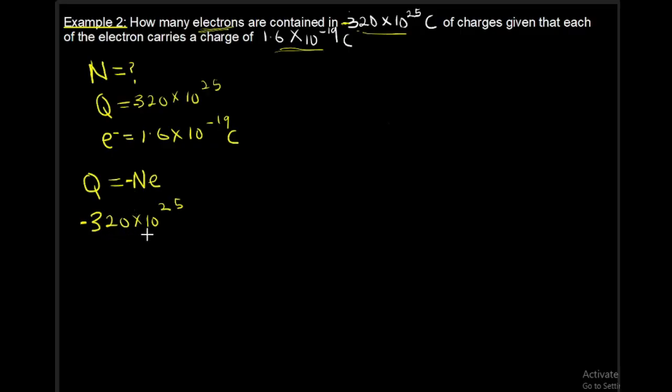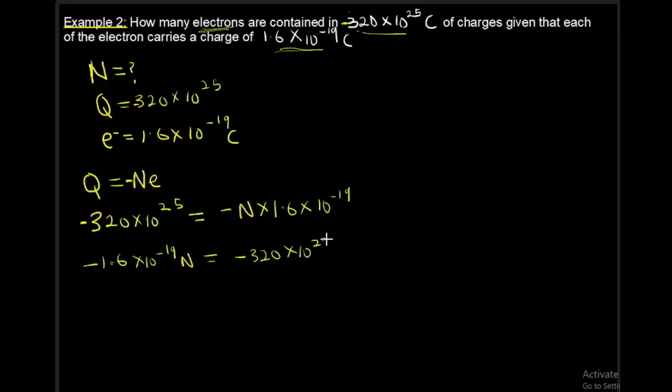This is Q: minus 320 times 10 raised to the power 25. That's the quantity of charge. And then we have minus N times E, where E is 1.6 times 10 raised to the power minus 19. If we multiply this together, we get minus 1.6 times 10 raised to the power of minus 19 N equals minus 320 times 10 raised to the power 25.